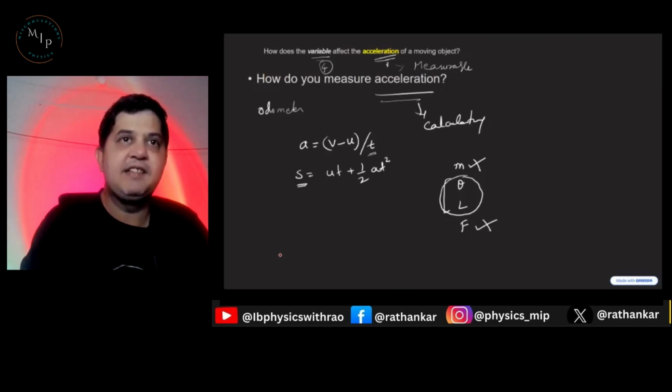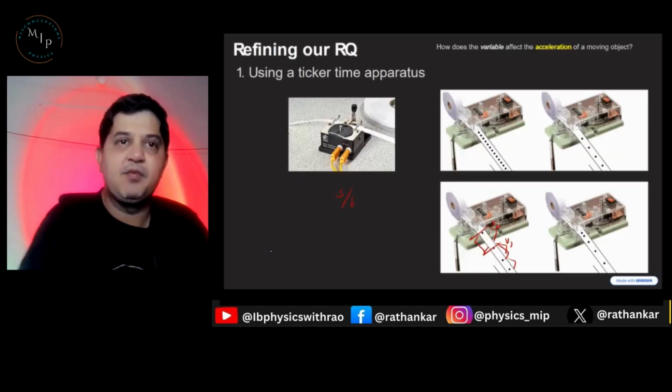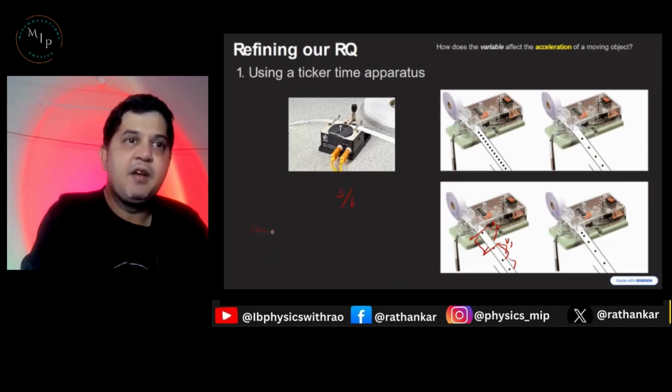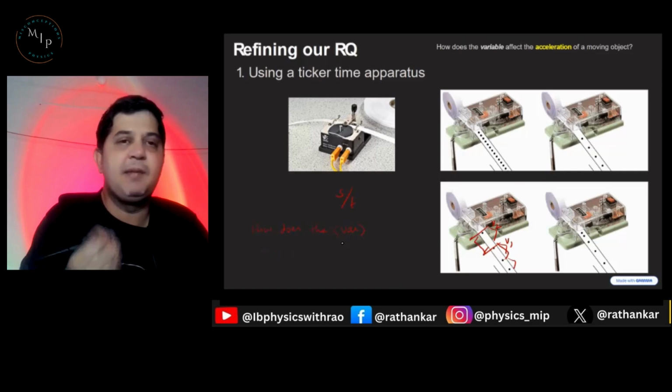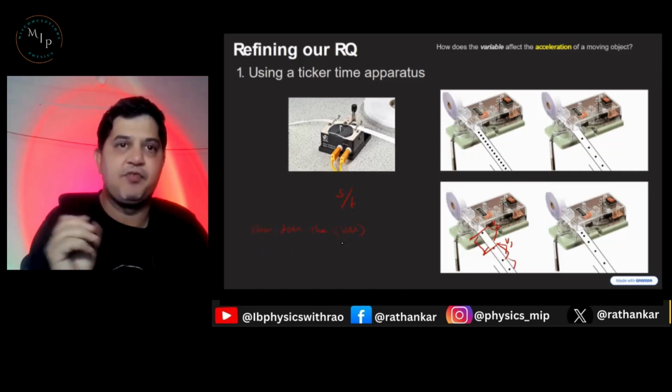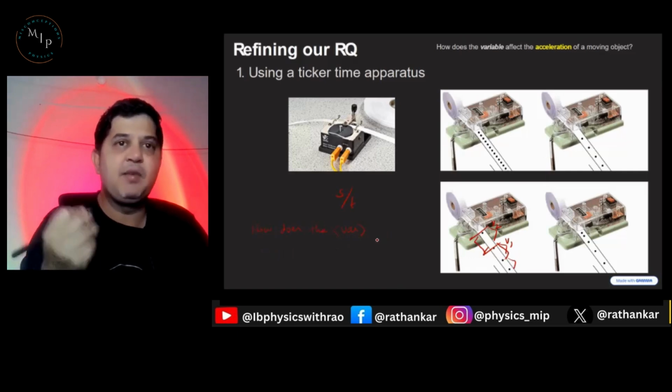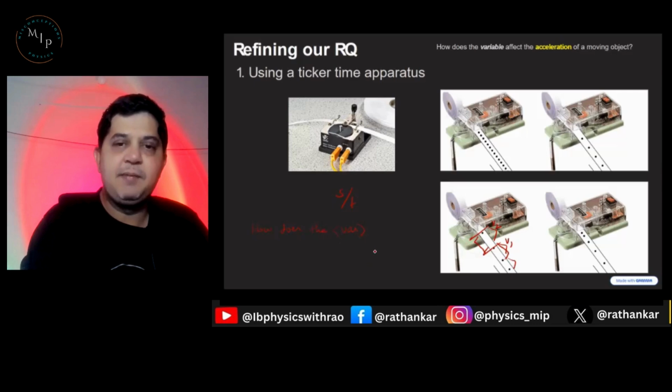So I can now write this over here itself. I can say, how does the variable affect the distance between the spots? I do not know what variable I'm going to take. I have not defined the apparatus so far. I do not know this, but I am interested only in the acceleration part.